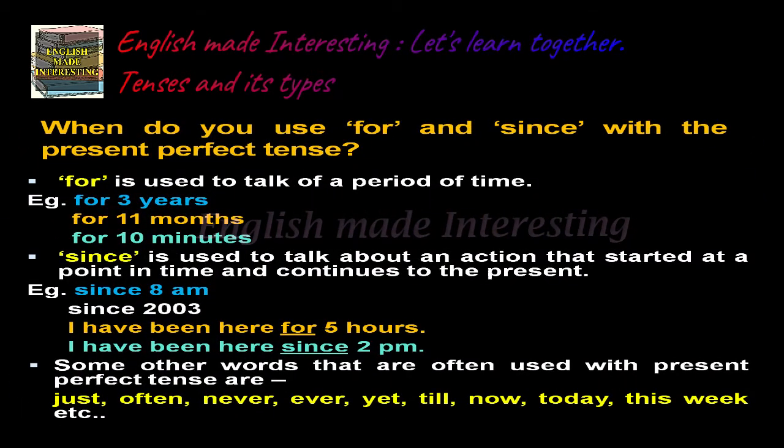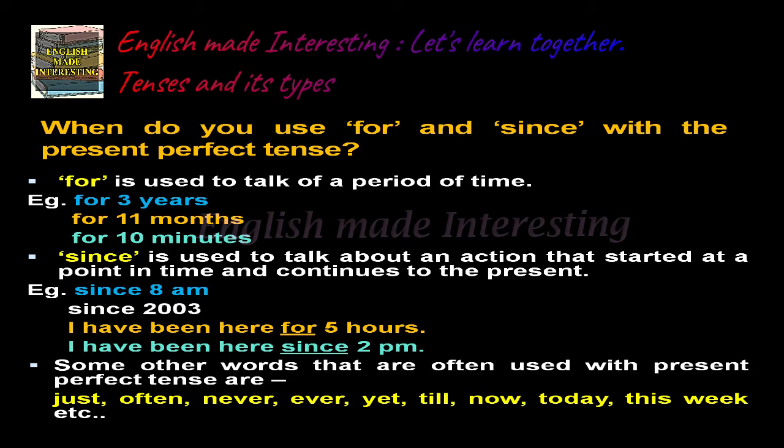Now, when do you use for and since with the present perfect tense? For is used to talk of a period of time. Example, for 3 years or for 11 months, 10 minutes, etc. Since is used to talk about an action that started at a point in time and continues to the present.